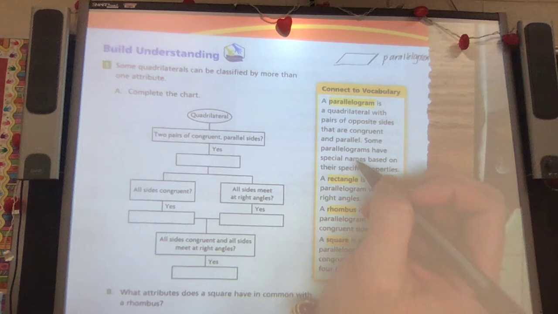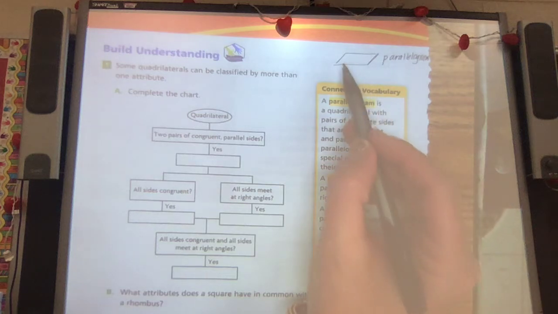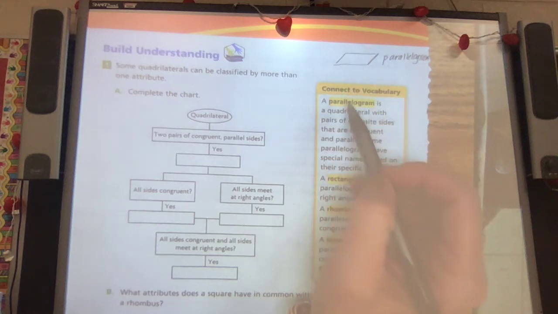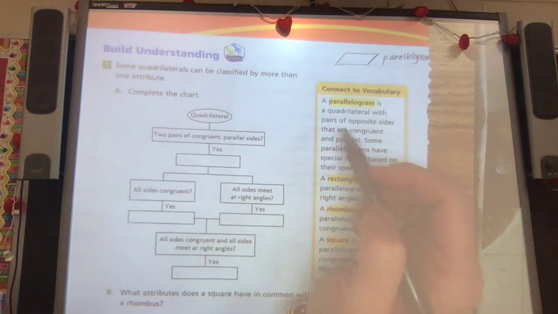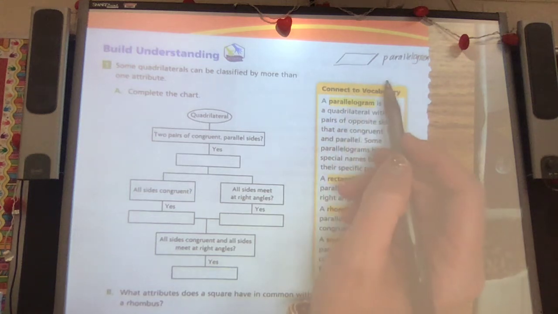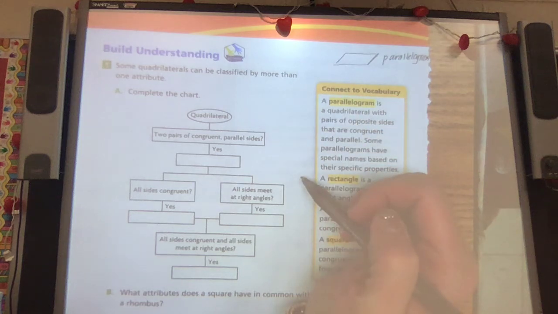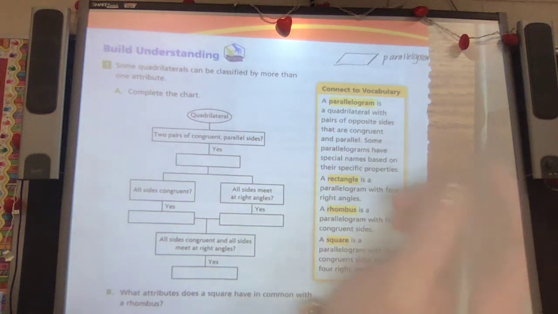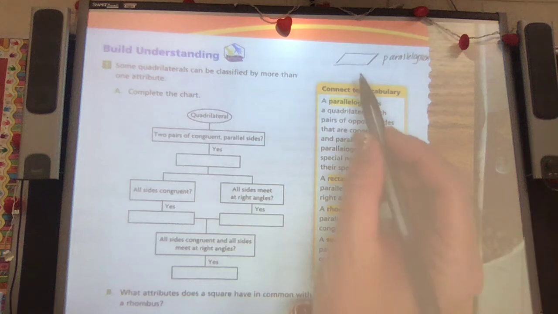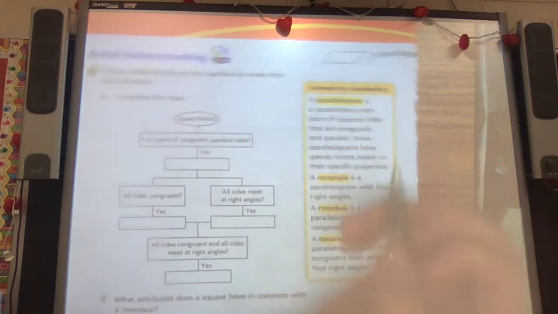Some parallelograms have special names based on their properties. Now, like I said, a lot of times this is how we see a parallelogram, but that doesn't mean that's the only way we'll see it. It has opposite sides that are congruent and parallel. Lots of different quadrilaterals have that.